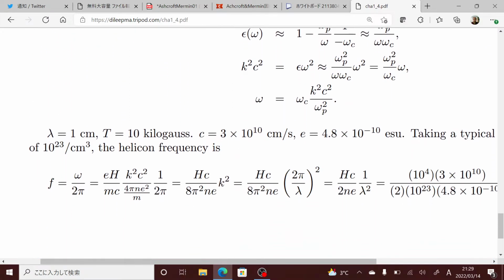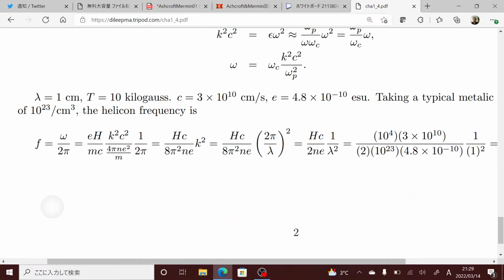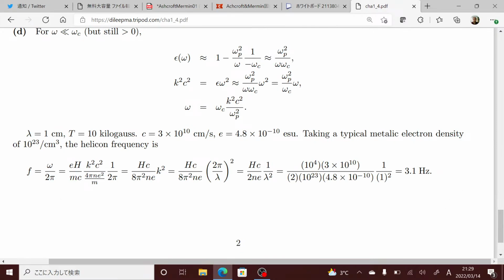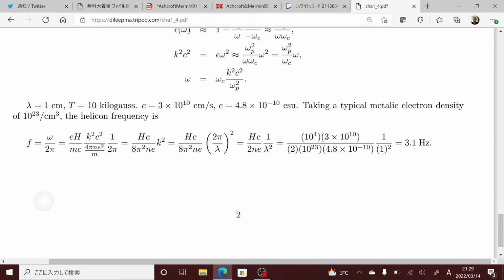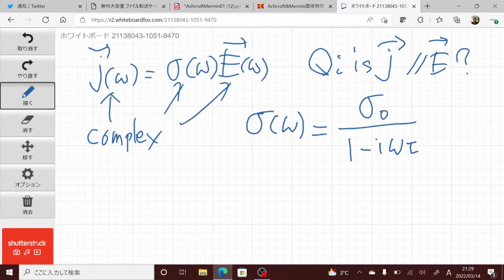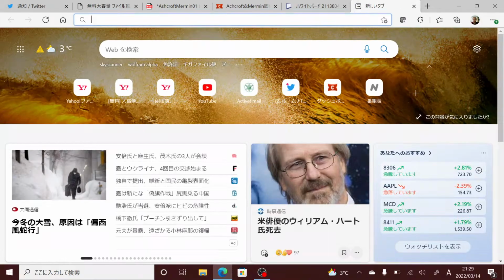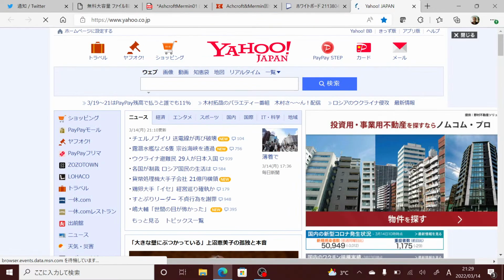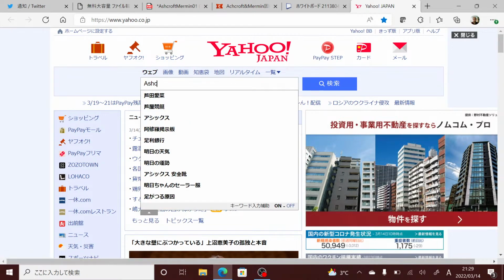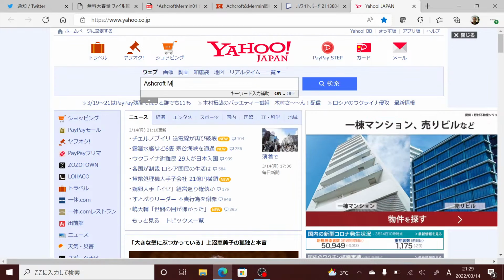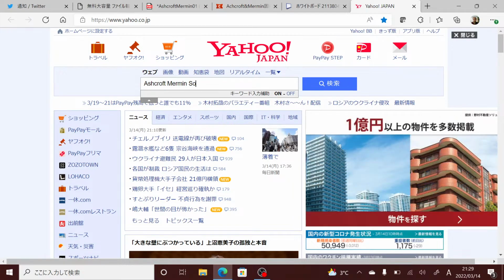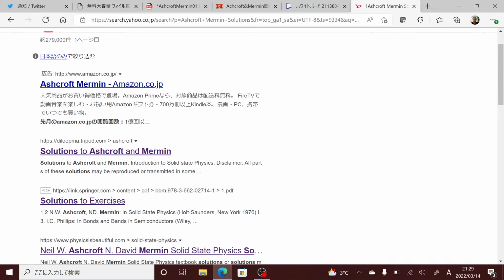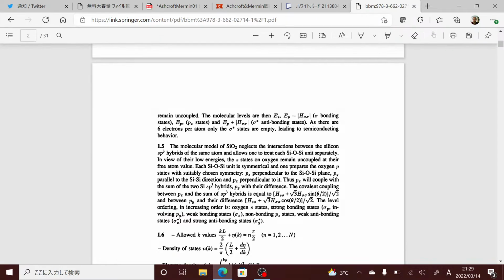This is the same solution. 0.1 hertz. This is different.